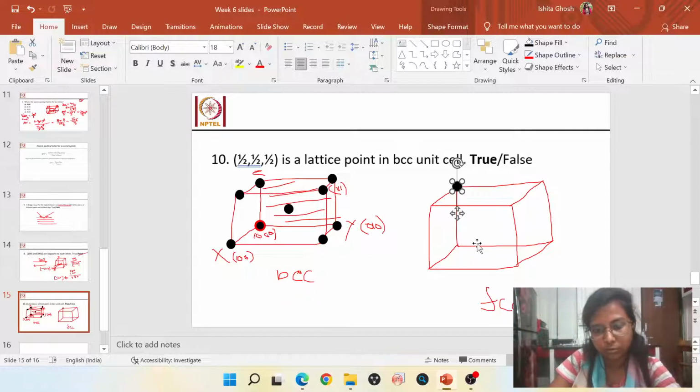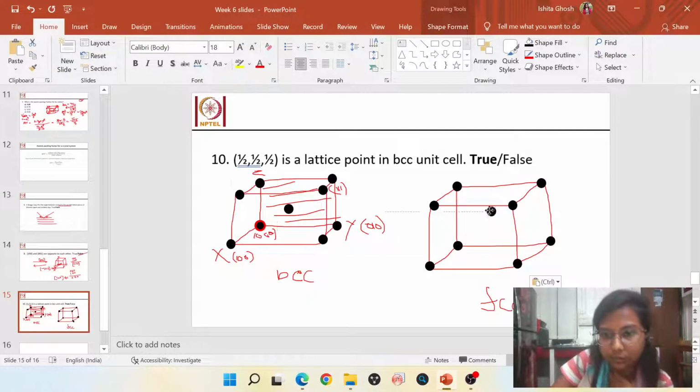Let us draw all the points for FCC first. The origin, now we will draw the atoms at the centers of the faces.